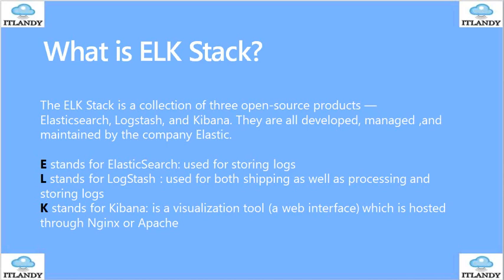That will be Kibana, and it's a web interface which is hosted through Nginx or Apache. This is what we will be doing, and this is what we will expose, especially if you're going to do AWS or GCP. But it's always possible to host it on different tools, either open source or any sort of web interface tool.